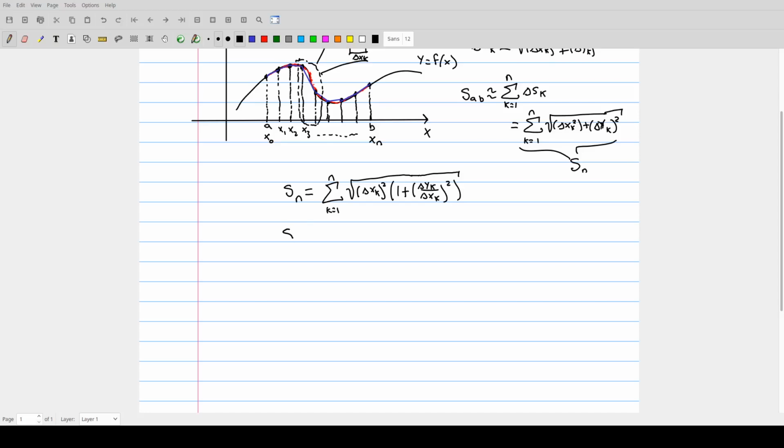And so Sn, our expression for the Riemann sum, is the summation from k equals 1 to n. The square root of delta xk squared is just delta xk. So it's the square root of 1 plus delta yk over delta xk squared, times delta xk.